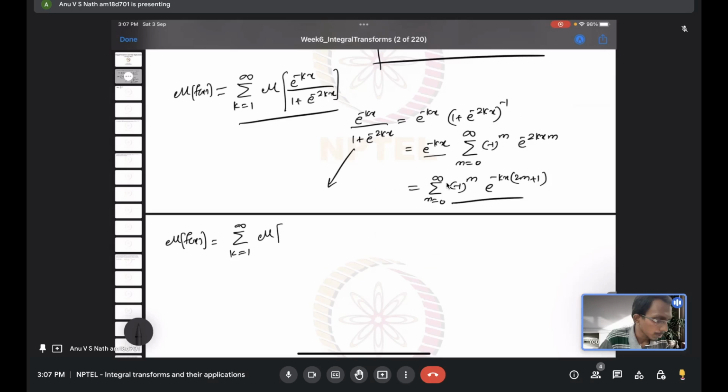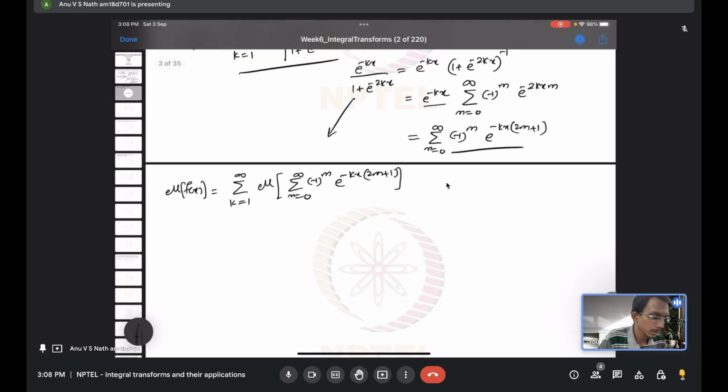So the Mellin transform of, based on equation 1, we are substituting for exponential of minus kx divided by 1 plus e raised to minus 2kx this series, which is m equal to 0 to infinity of minus 1 the whole raised to m e raised to minus kx times 2m plus 1. Now again, based on the linearity, we can bring the summation outside.